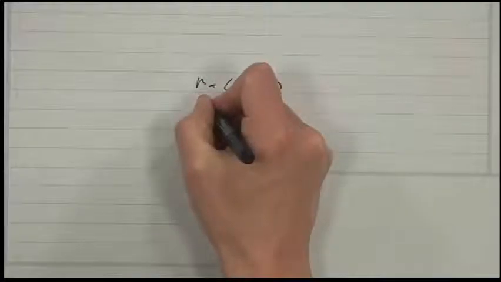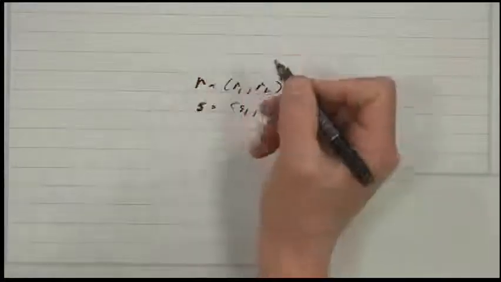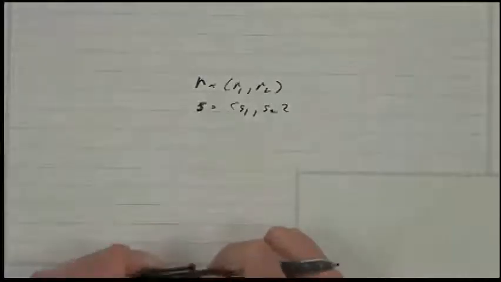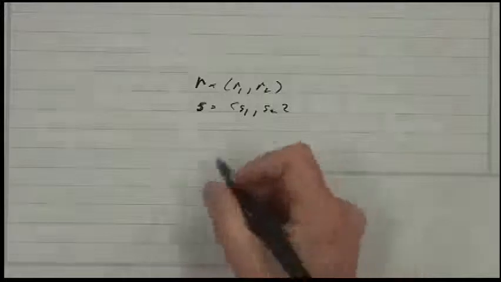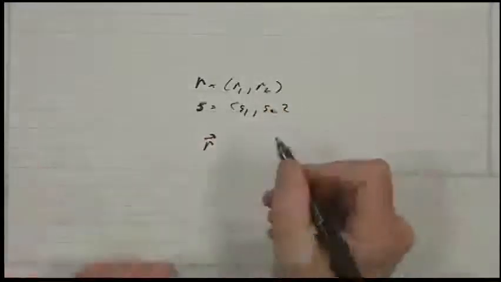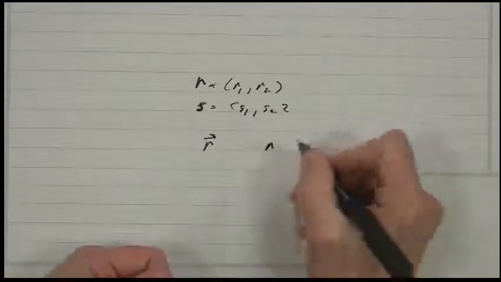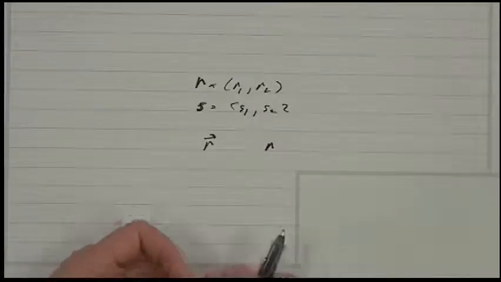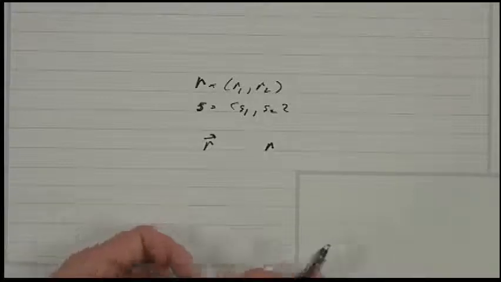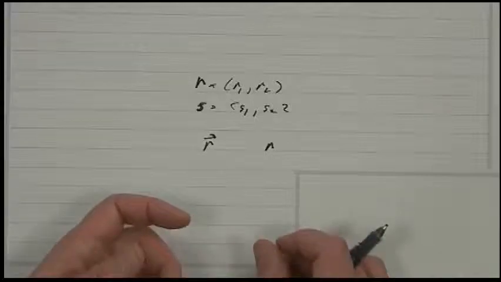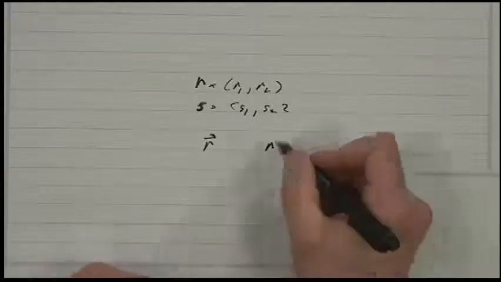Now, one thing you'll have to get used to, I don't know if it's good or bad, but it's just the way it is, because it's the way I do it. Some people don't like it, but I'm not going to change at this point: R here is a vector. I don't make it boldface or put a little arrow over it or anything. I just write R. My philosophy is that you could have vectors, matrices, matrices of matrices, and data structures of matrices and vectors.